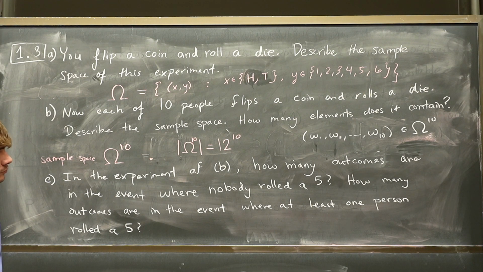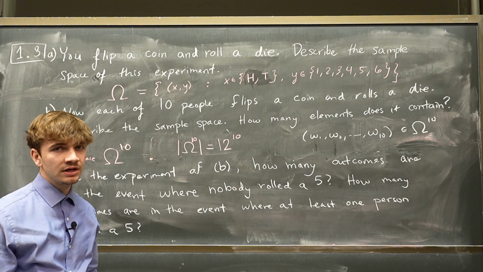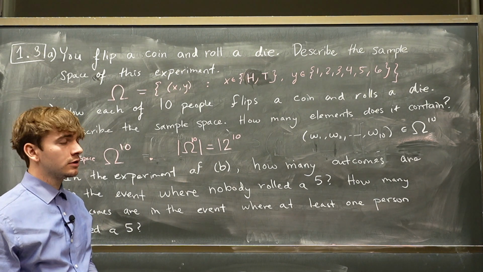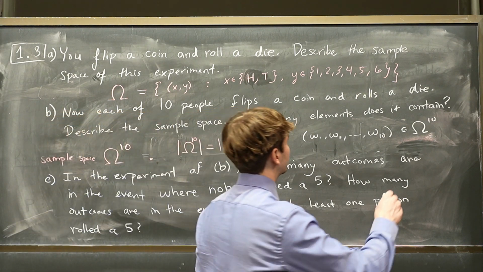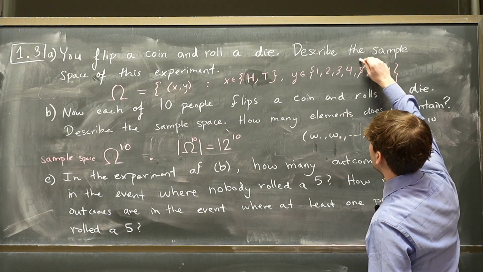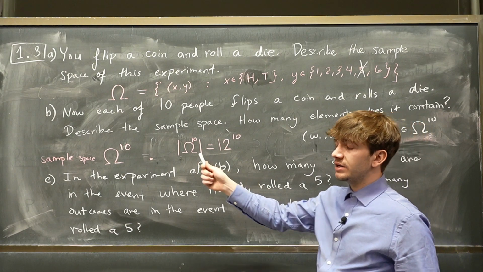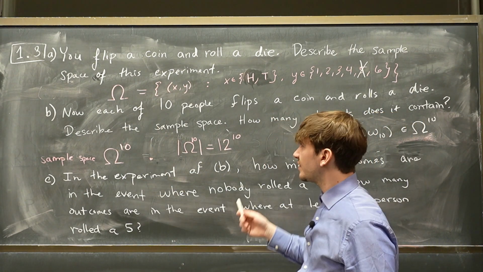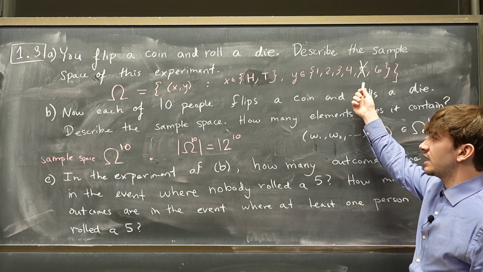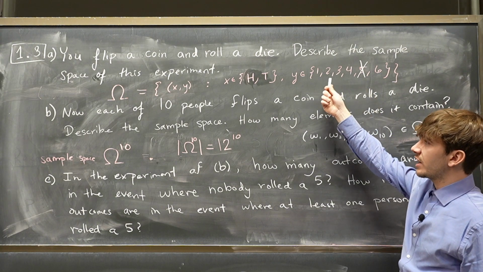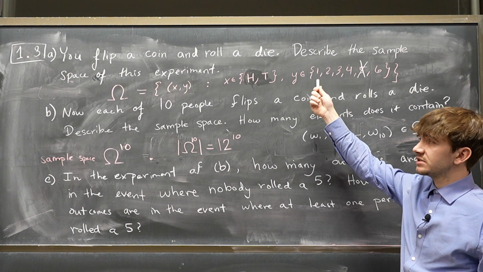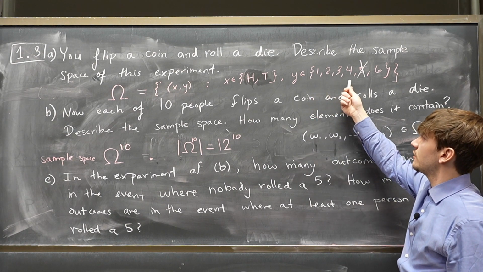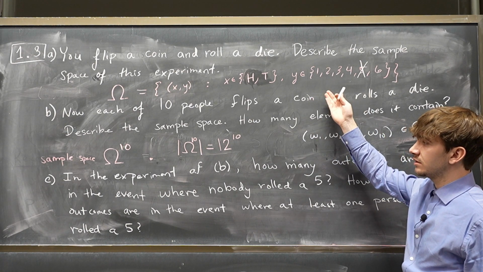So, if nobody rolled a 5, and I'm guaranteed this information, then it's essentially like deleting this number 5 from my sample space. And if I delete the number 5 from my sample space, I do the same arithmetic and recognize that the new cardinality of my sample space is now 5 times 2, which is 10.